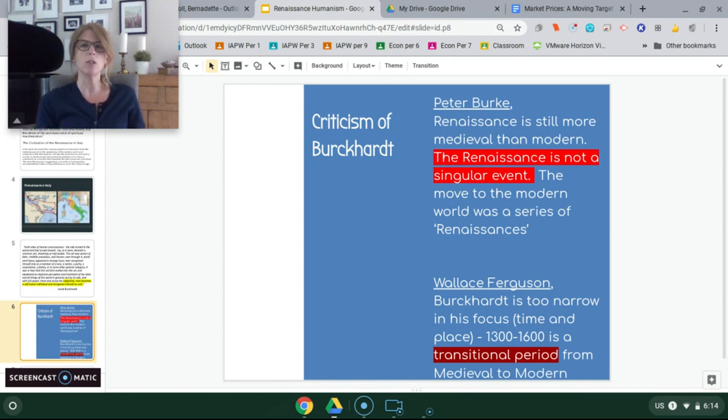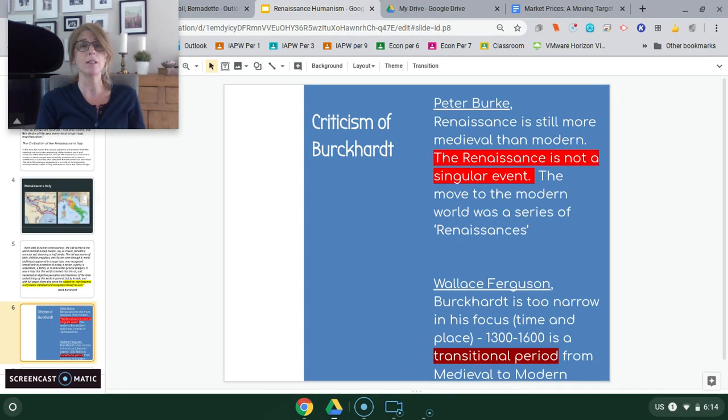His claim, as you can see indicated in red here, is that it's incorrect to think of the Renaissance as a singular event. And he actually points to the fact that a lot of the Renaissance, or the time period he calls the Renaissance, is still very medieval. Right? I bring this up because next year, when you're in 10th grade, you'll talk about 1750 as the next major turning point.